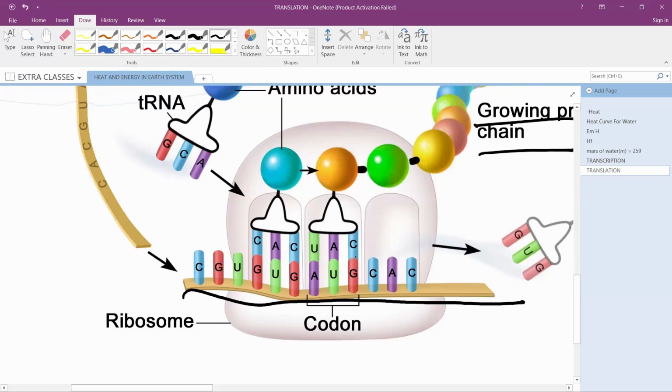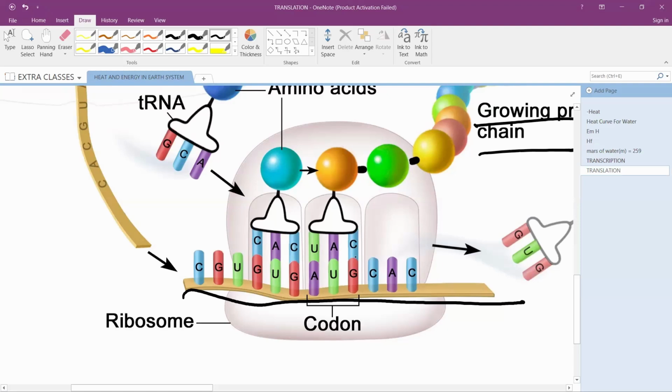The tRNA which comes first is called the initiator tRNA. Which amino acid will the initiator tRNA carry? Methionine. You have said it correctly, that is Met, and it binds to the start codon, that is AUG.